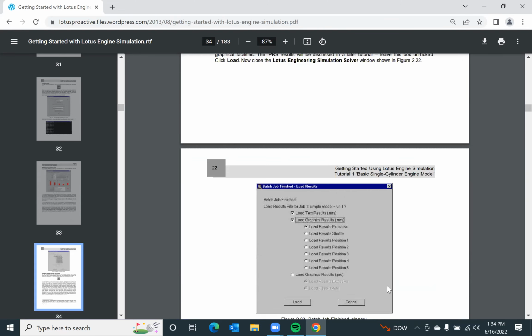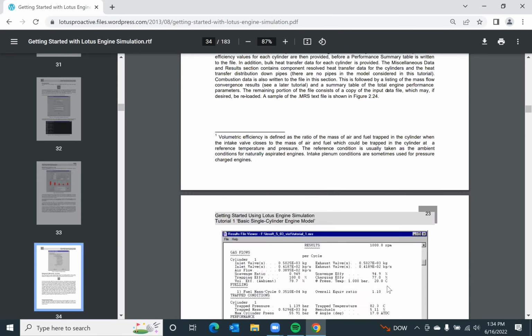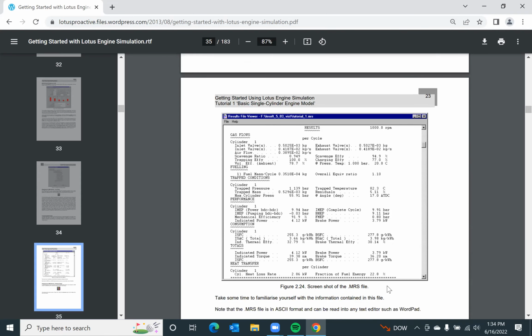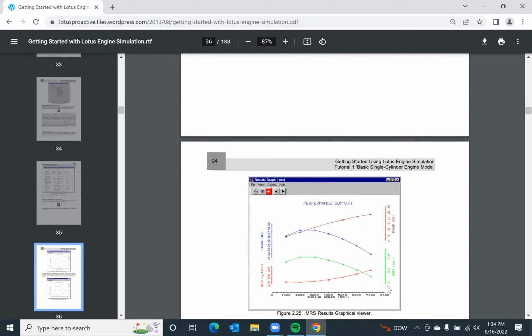It will also give you these results in some type of text format, and it will generate these plots. These are the common plots that are used. So these are the plots which are generated from the engine simulation. What you do is you take that engine, put it on a dyno, and run the test and see how good your results are.